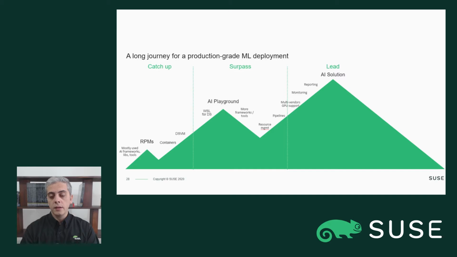On the second leg of our journey, we have also looked into how we could deliver the same technologies in different ways, with different delivery mechanisms. And this is where we started looking into containers, virtual machines, appliances, and last but not least, WSL, the Windows Subsystem for Linux.